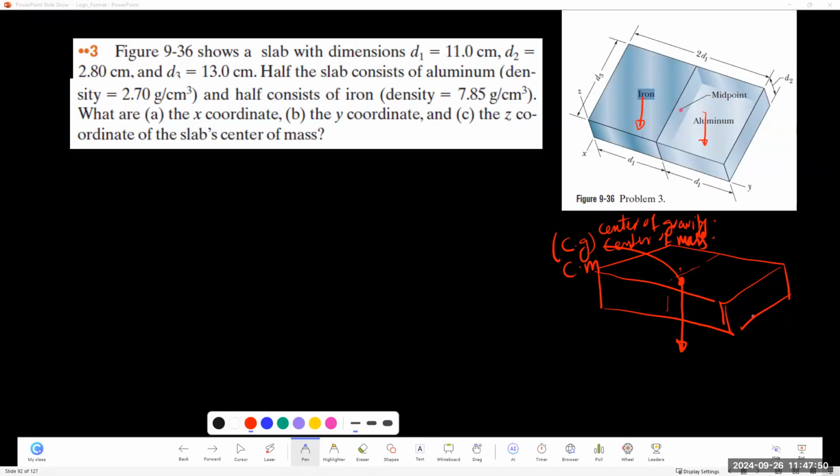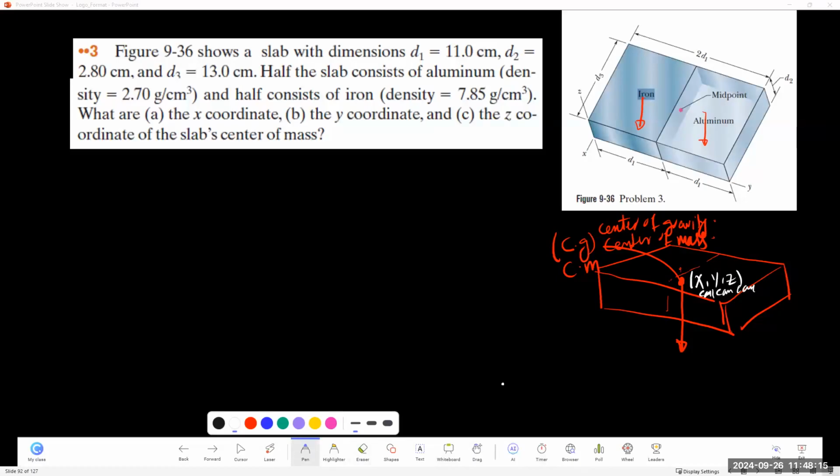So I need actually three coordinates, and I'm going to write them here. I need x, y, and z, which I can call combined. Same thing with combined.